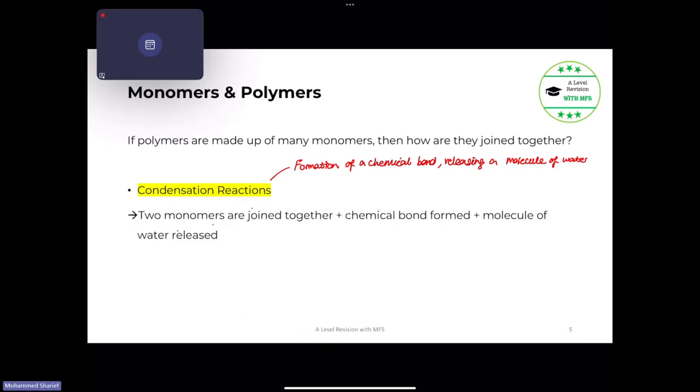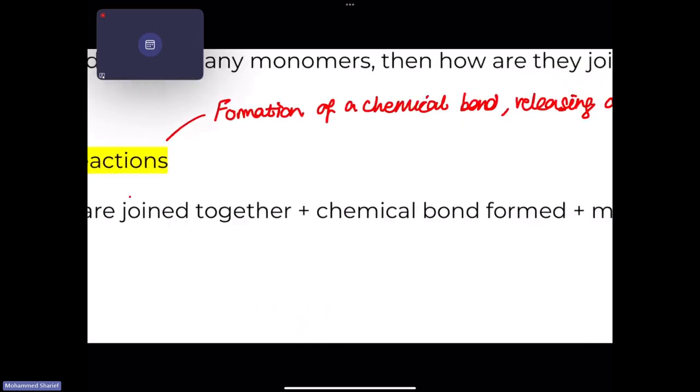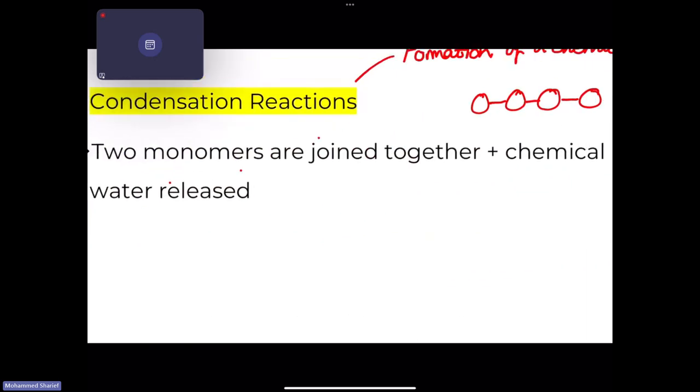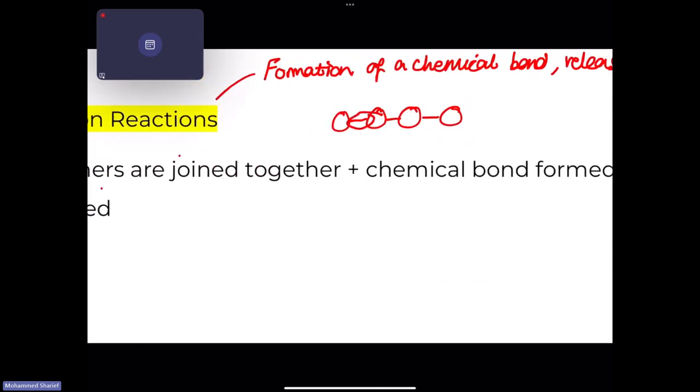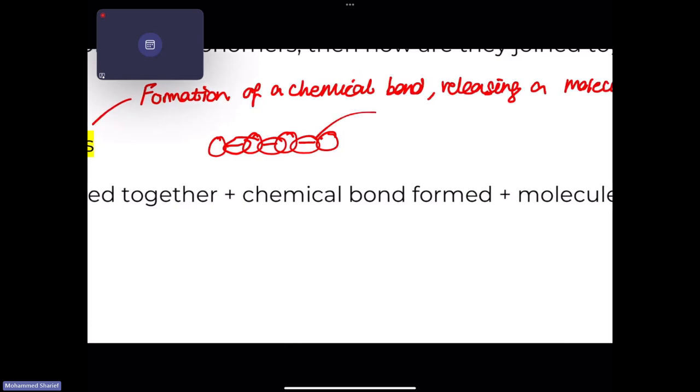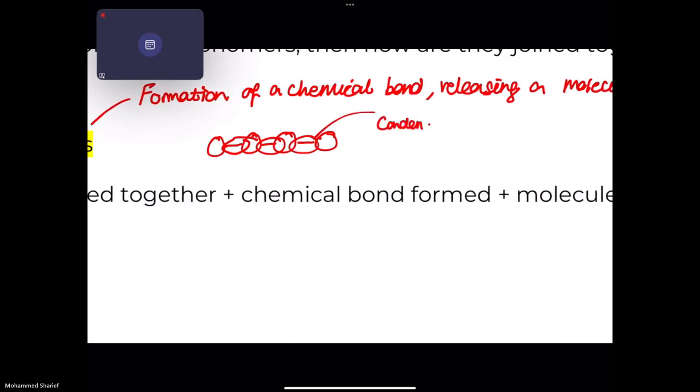So when two monomers are joined together, a chemical bond is formed and a molecule of water is released. Now, if we have a look at this example again, we've got a polymer here with many monomers. In order for these chemical bonds to form, a condensation reaction must occur between many monomers.